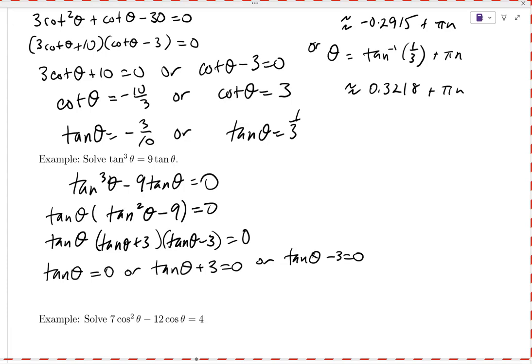The first one we can actually figure out an exact value. When is tangent equal to 0? What do you plug in for theta to get 0 for tangent? Well, tangent will be 0 the same place sine is 0. When is sine equal to 0?